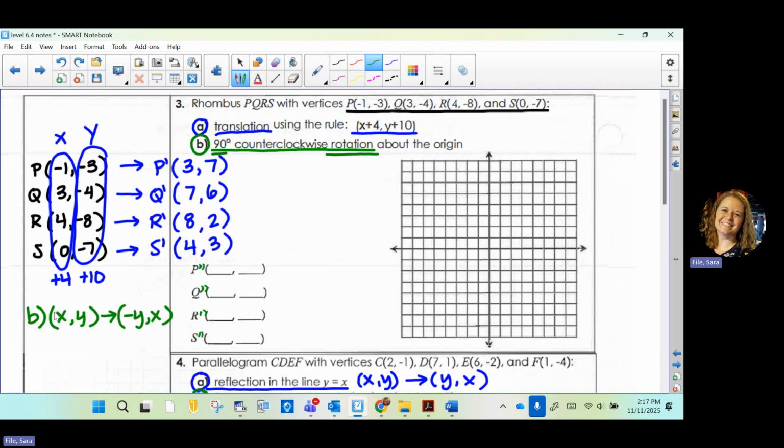The X just switches spots, we don't change the sign. So for P, it was 3, 7, so we're going to switch it to 7, 3, but we need to make the y the opposite, so it needs to be negative. Does that make sense? So for the Q, we're going to switch it, so it's going to be a 6 and then a 7. Oh, but we need to make the 6 a negative.